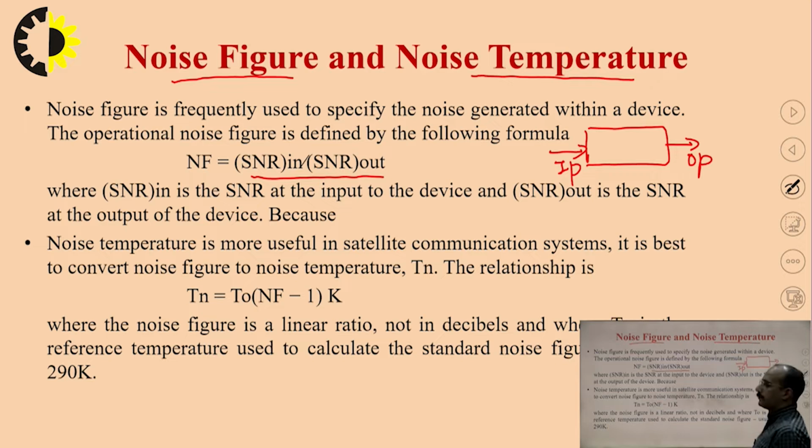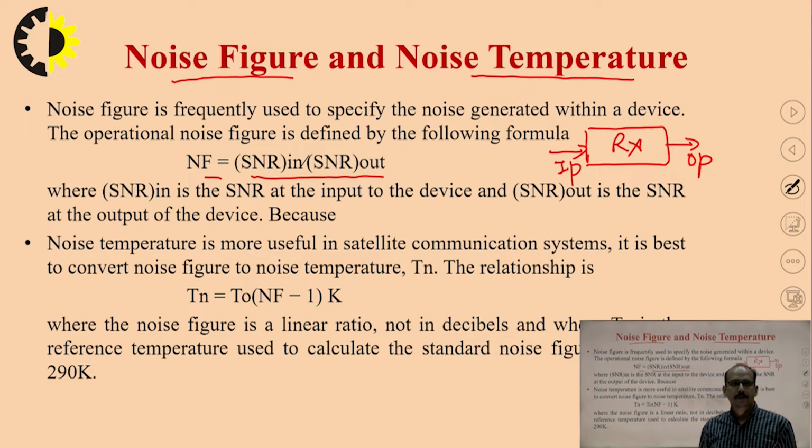For this receiver, on the input side you have a signal whose power is S, and the associated noise with this input signal has power N. The ratio of signal to noise at the input side is called the input SNR. Similarly, we can calculate the SNR at the output. By taking the ratio of the input SNR to the output SNR, we get the noise figure.